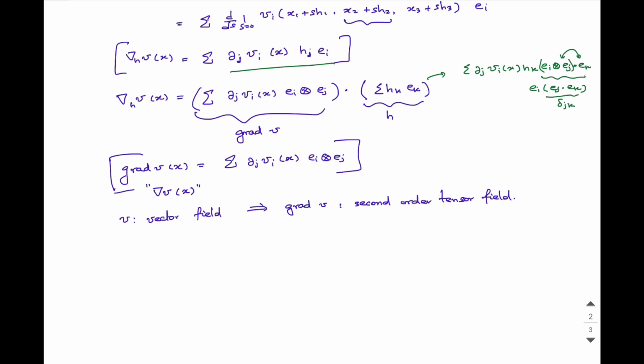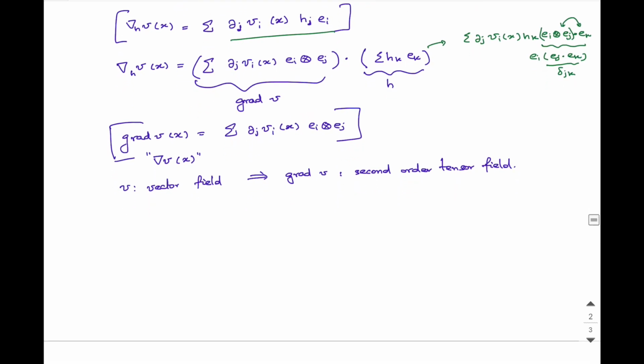Good. Now I'm going to define a new operation called the divergence of v. This is a new operation I'm going to define, and it's defined simply as follows. The divergence of a vector field v of x is defined as the trace of the gradient of v at the point x. Okay, what does trace mean? Remember that if I have a second order tensor like what I have here, then the trace essentially tells me that I sum up the elements along the diagonal.